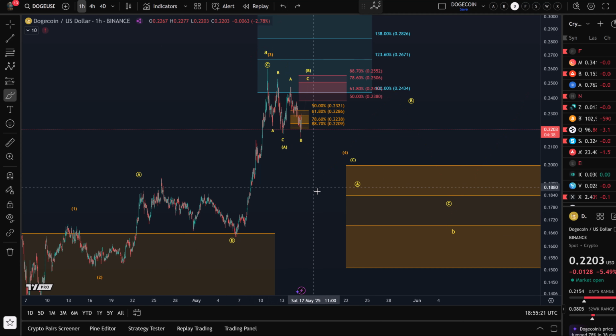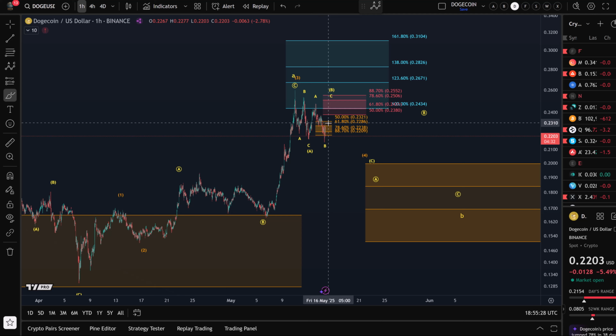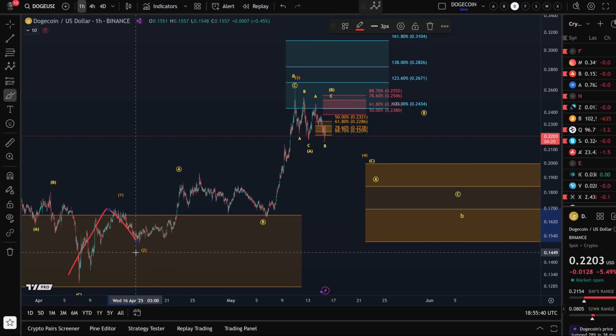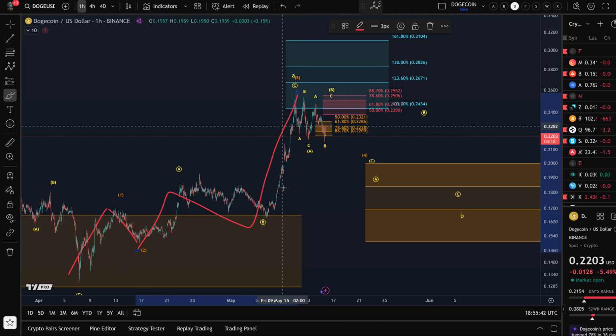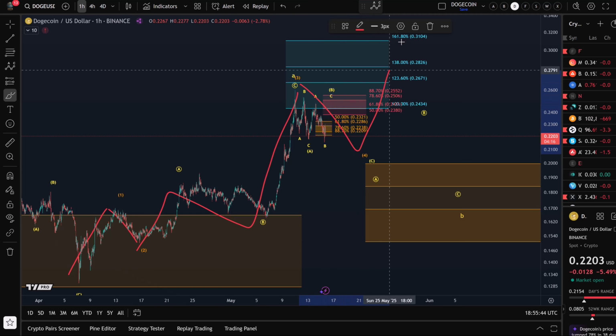The other one is that it might turn into a 5-wave move because A waves can be 5-wave movements or 3-wave movements. So we're dealing with wave 1, wave 2, A, B, C in wave 3, 4, 5. That would be the 5-wave move scenario, okay?